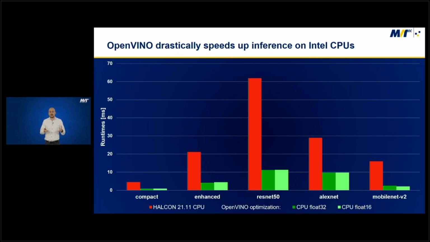But yeah, another major benefit of this Openvino Toolkit implementation is speeding up deep learning inference on Intel CPUs. As I mentioned, we implemented this AI square interface to be able to add up Halcon with different kinds of hardware, so stay tuned in the future. Of course, there will also be more support of other hardware coming up.